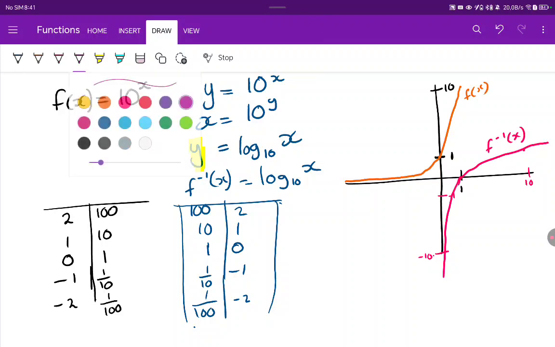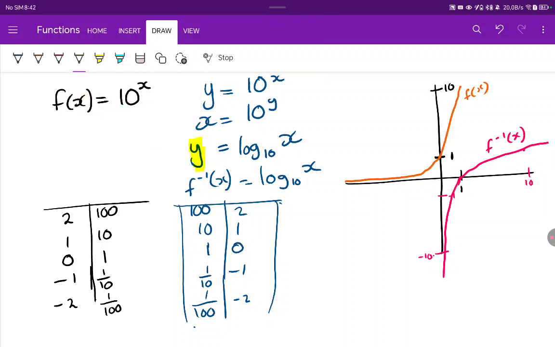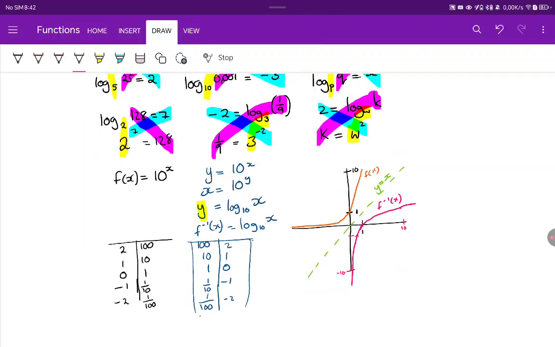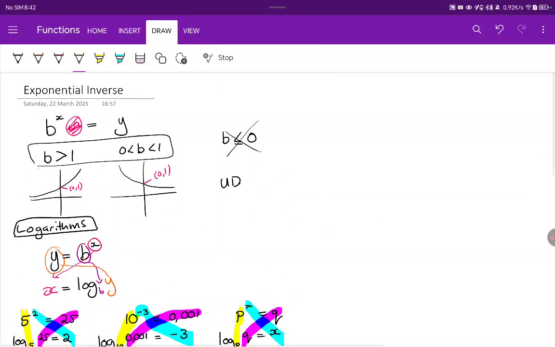And then lastly, I want my axis of symmetry, which has to be the line x equals y. So that is what the function f of x, which is 10 to the x, looks like, and the inverse of the function, which is log base 10 of x. Brilliant. That's how you do an inverse of an exponential graph.